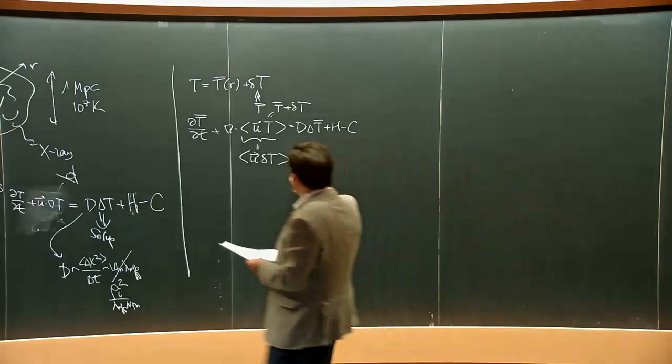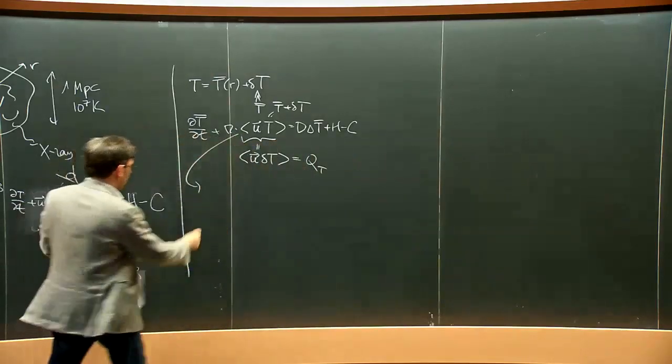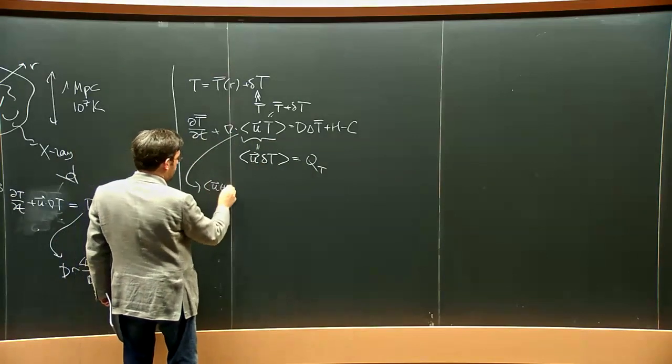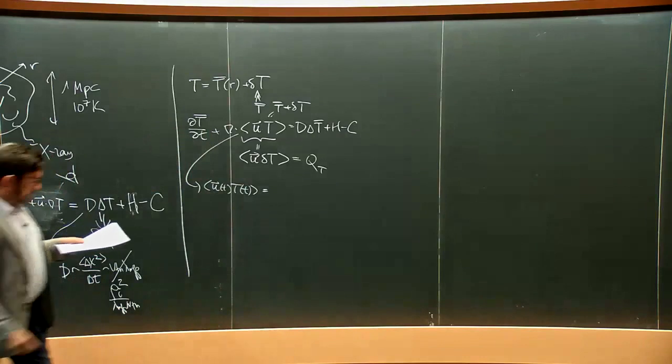So if we do a little further calculation to figure out what that thing is, well, I could say u of t, T of t. Let me try to calculate this average.